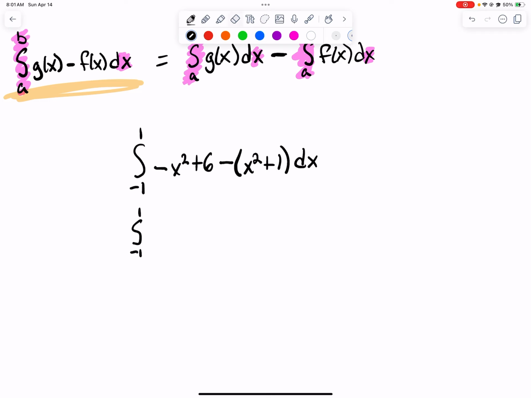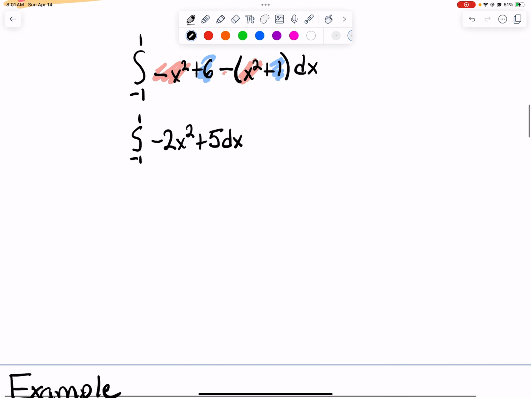We have negative x squared minus x squared here. That's going to give me negative 2x squared. And then on the other side, I get plus 6 minus a positive 1, so plus 5 dx.